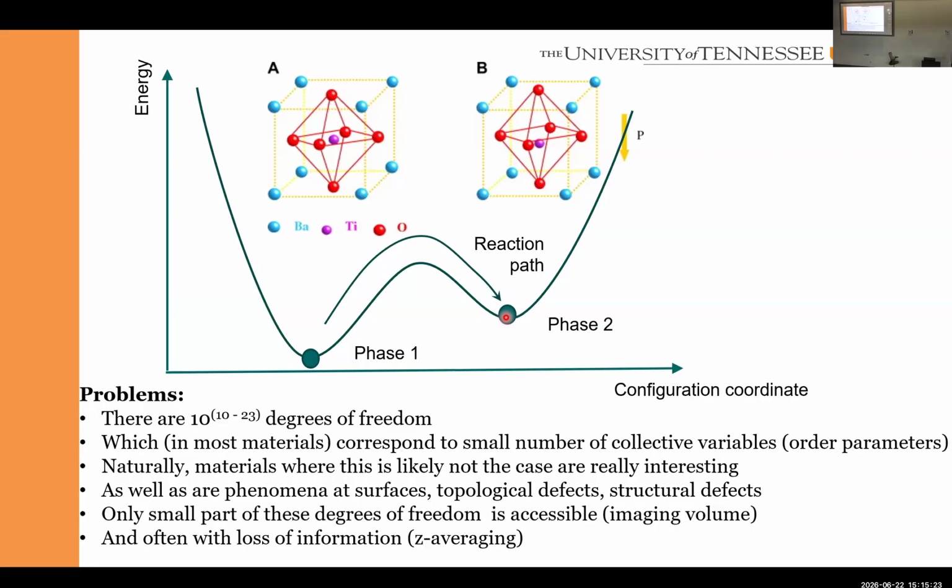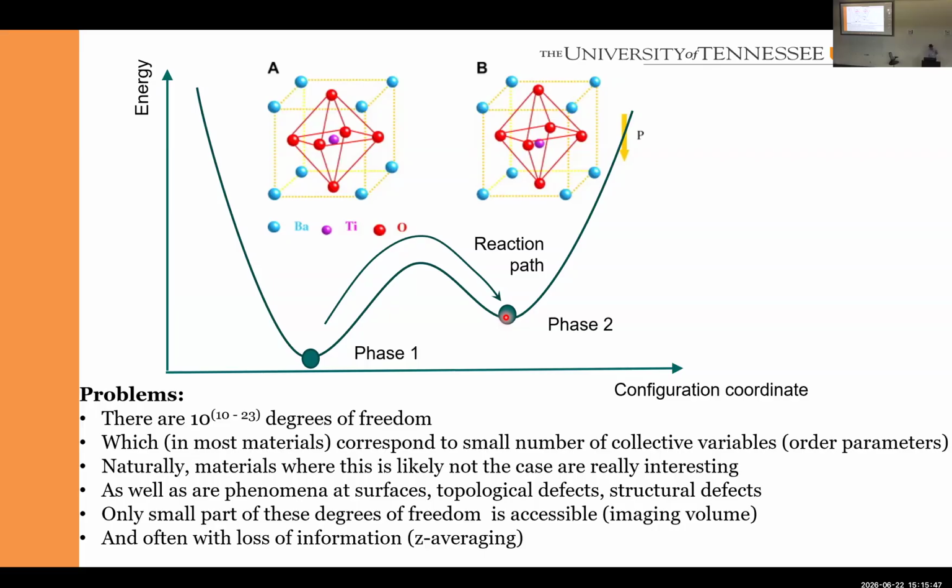The order parameter means that all these unit cells transform in lockstep. They behave almost indistinguishably. It's what is called the collective variable. And traditionally, we study these order parameters by scattering on average.